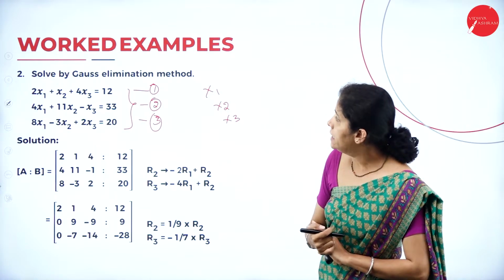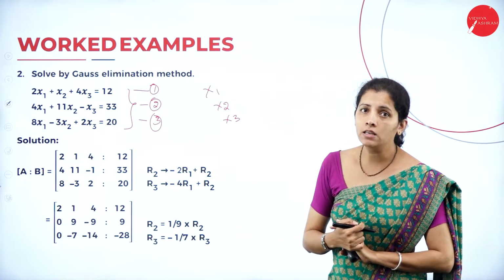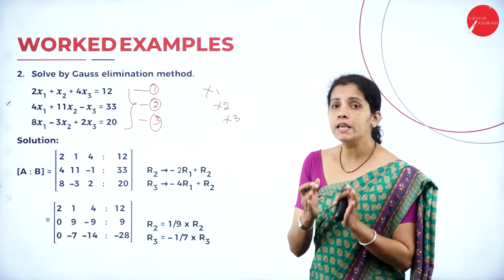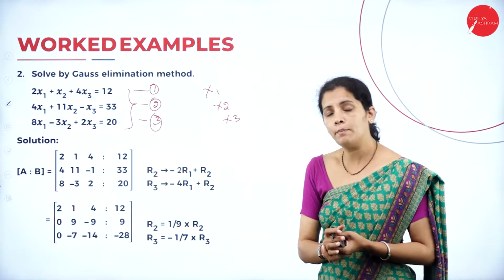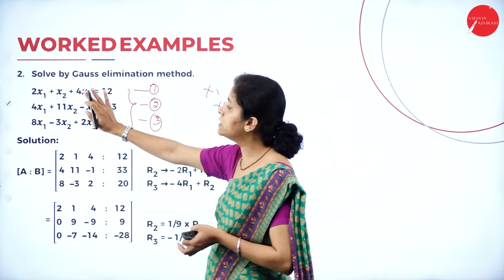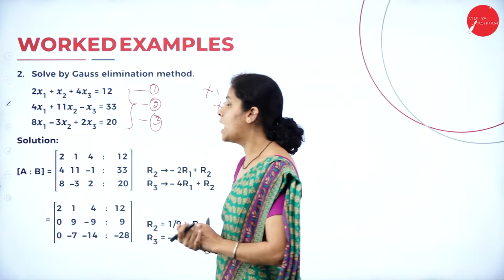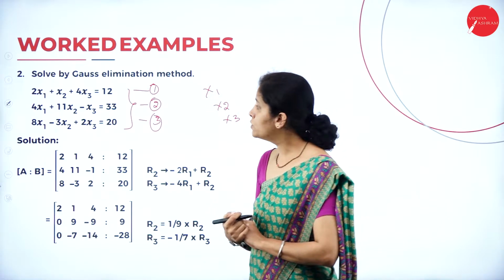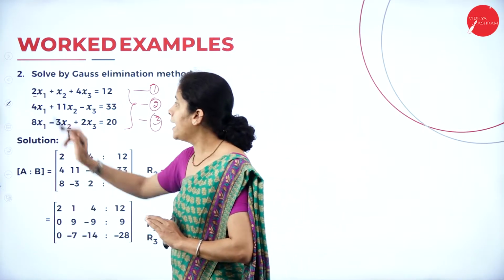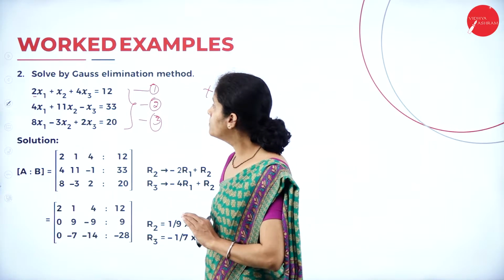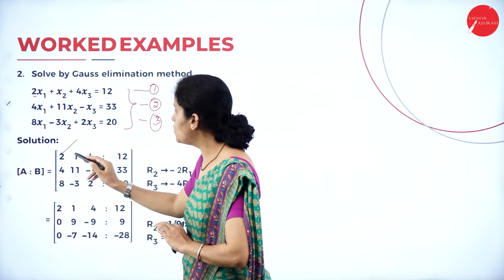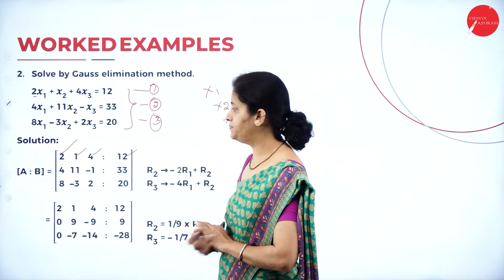Now, in the Gauss elimination method, what is my first step? I want to rewrite these equations in the form of an augmented matrix. If I consider my first equation, I have the x1 coefficient, x2 and x3 coefficients, so I'll write 2, 1, 4 and 12.